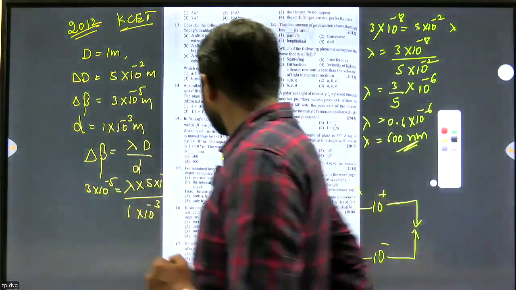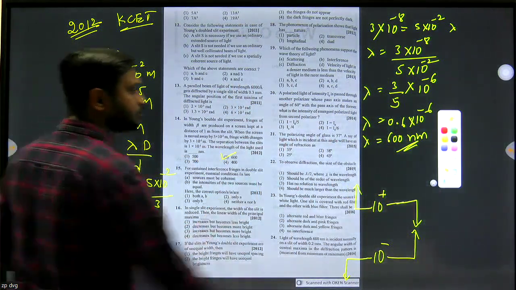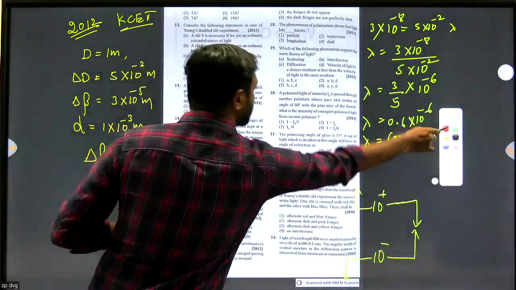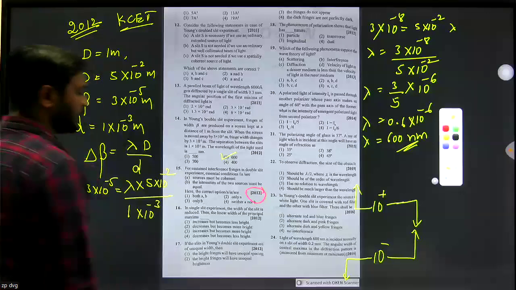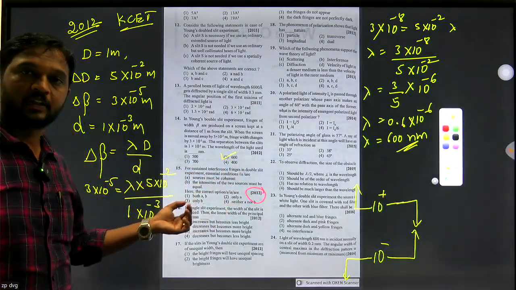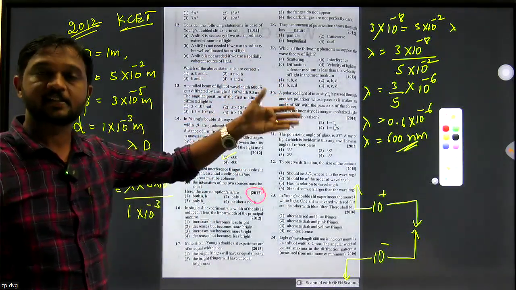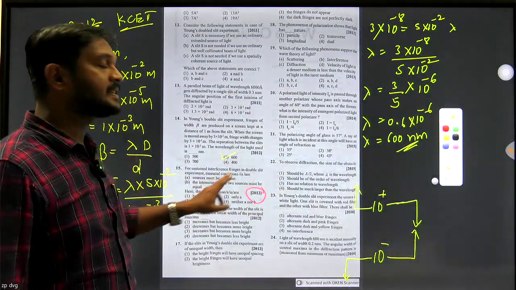So, in question number 15, from the year 2012, for a sustained interference pattern, sustained means clear, alternate bright, dark, bright, dark fringes. What are the essential conditions?